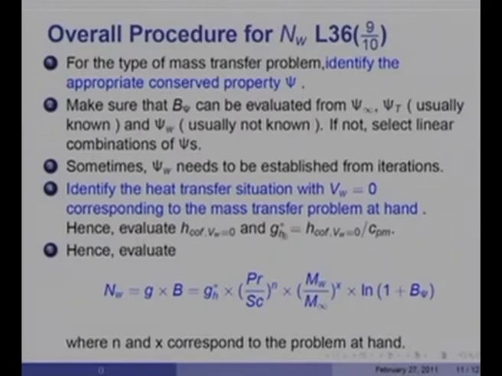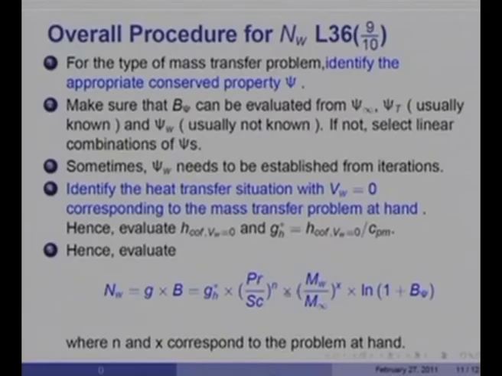So, as to evaluate g star h is equal to h at V_W equal to 0 divided by C_PM, the specific heat of the mixture, and hence then evaluate N_W equal to g_B, which is equal to g star h, Prandtl divided by Schmidt raised to n, which will come from the correlation itself, because Prandtl raised to n and Schmidt raised to n are identical, because Nusselt x equal to Sherwood x at constant properties. And then allow for variable property correction, mu_w by mu_infinity raised to some power x, into ln 1 plus B psi.